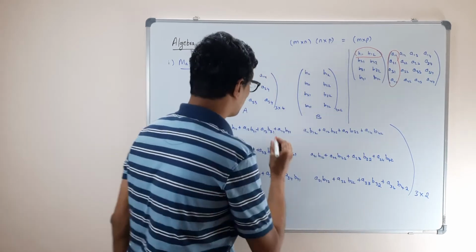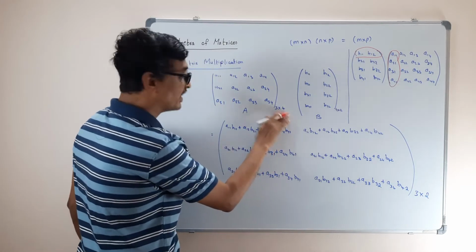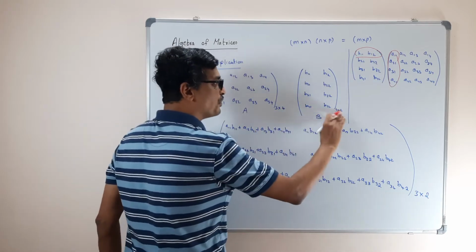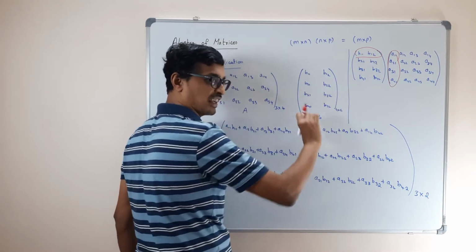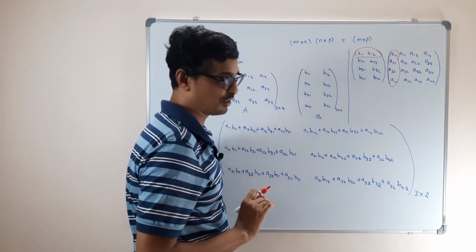You got it? See, 3 cross 4: that is the number of columns in the first matrix. When it is equal to the number of rows of the second matrix, 4 cross 2, then only you can multiply. Otherwise, you can't multiply.